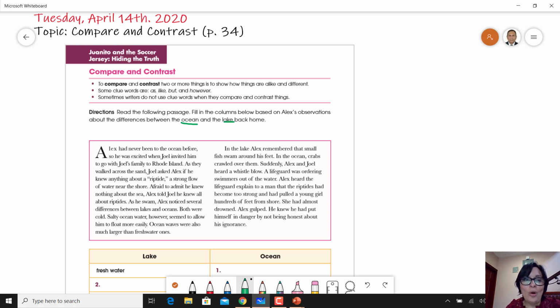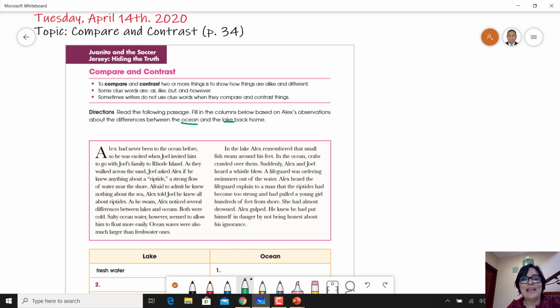As they walked across the sand, Joel asked Alex if he knew anything about a riptide, a strong flow of water near the shore. Afraid to admit he knew nothing about the sea, Alex told Joel he knew all about riptides, and it was not true. As he swam, Alex noticed several differences between lakes and oceans.